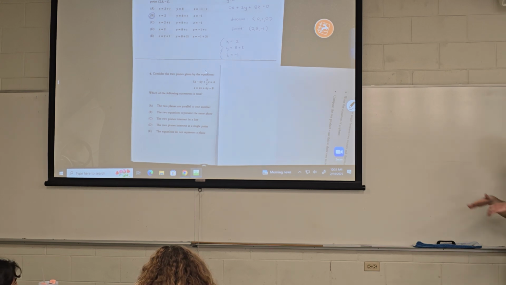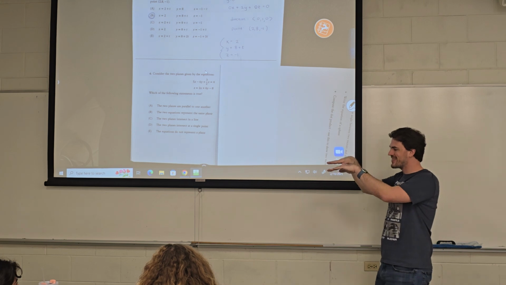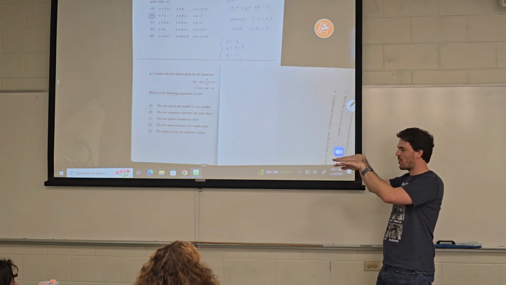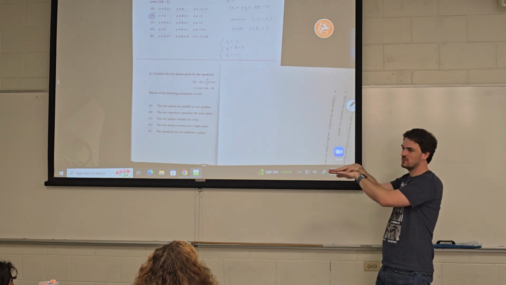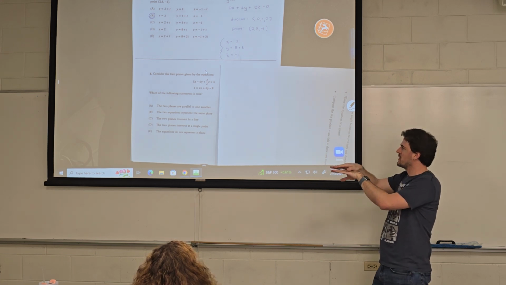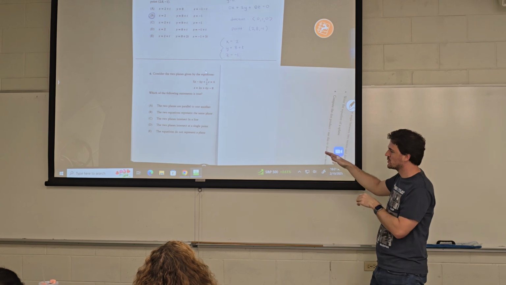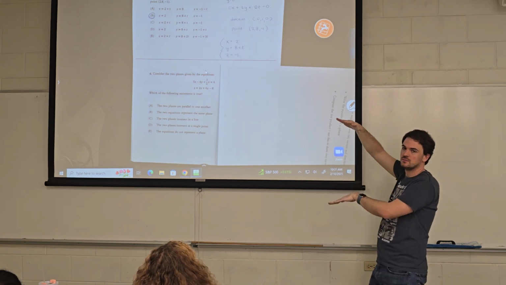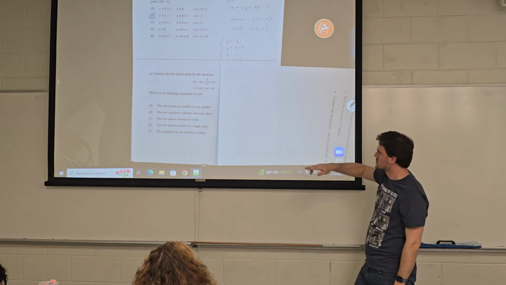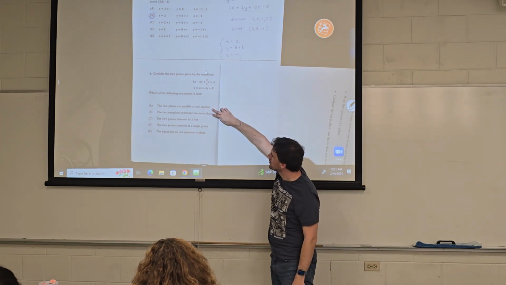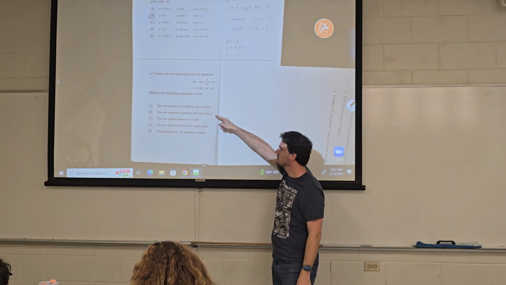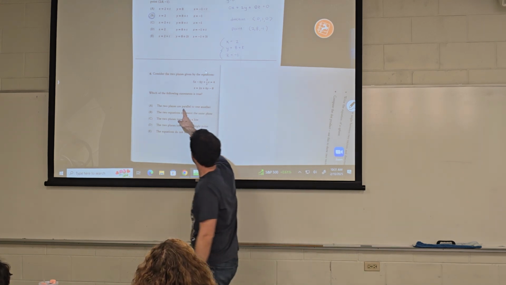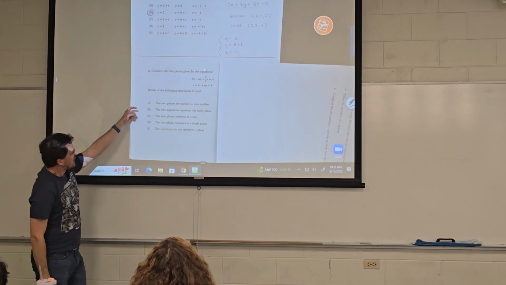Okay. They're the same plane if you get the same equation. If both of them can be reduced to the same exact equation, then it's the same plane. If you get ax plus by plus cz equals something else, then they're parallel. So I'm checking to see that the normal vectors are the same. You get the same equation, same plane. You get different constants at the end, then they're just parallel.